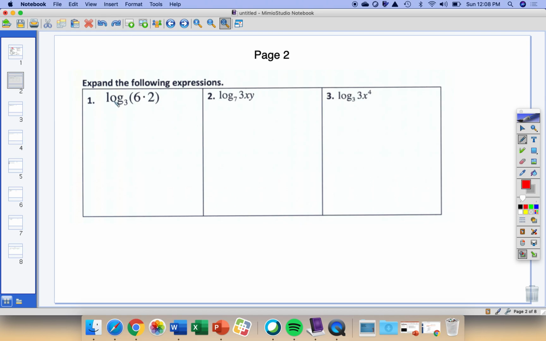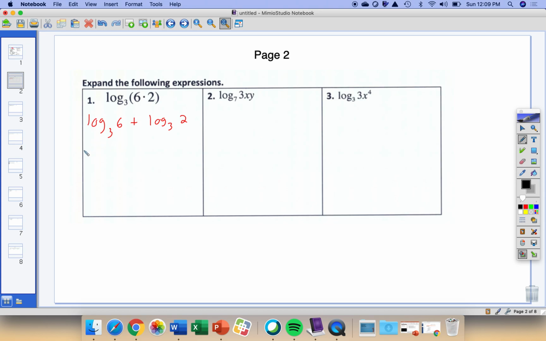I have log base 3 of 6 times 2. I can expand this using my product rule. That's log base 3 of 6 plus log base 3 of 2. Now I can expand this even more because 6 can be broken up into 2 times 3.